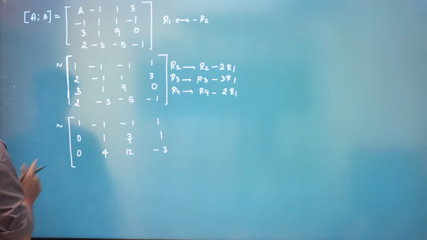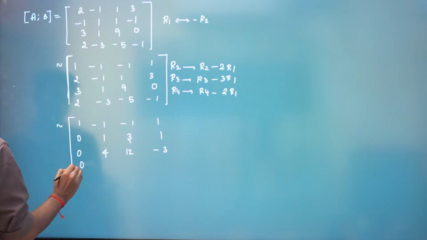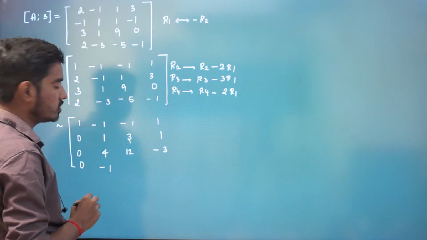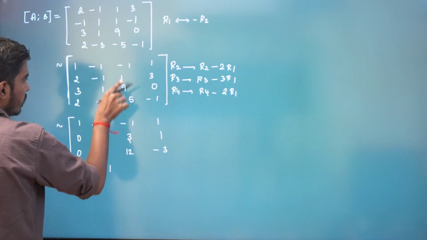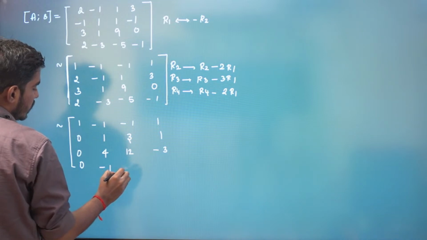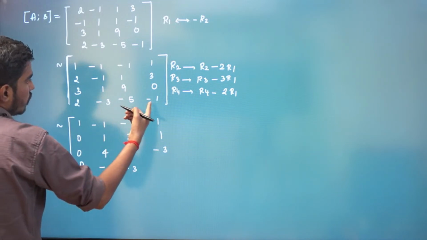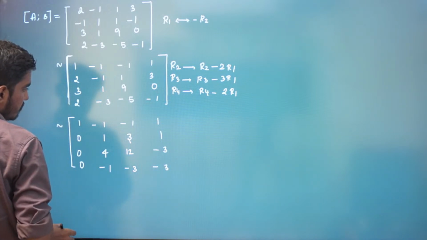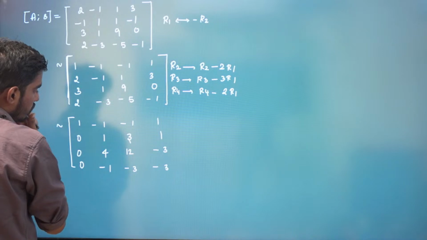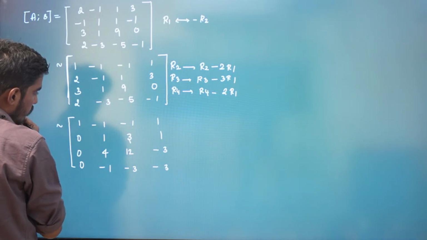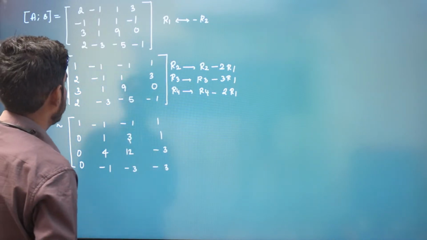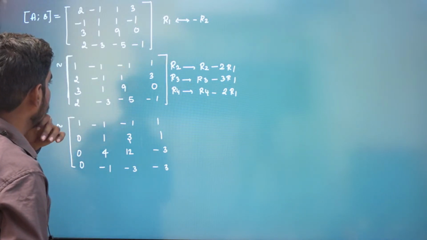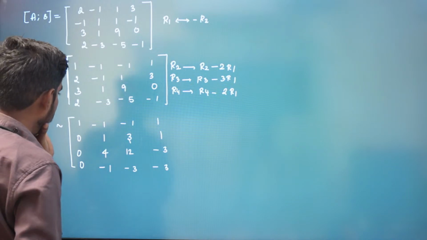And then R4 minus 2R1: minus 3 plus 2, minus 5 plus 2, minus 1 minus 2. What we are doing here is multiplying this by 2 and then subtracting. Minus 1 minus 2 is minus 3.